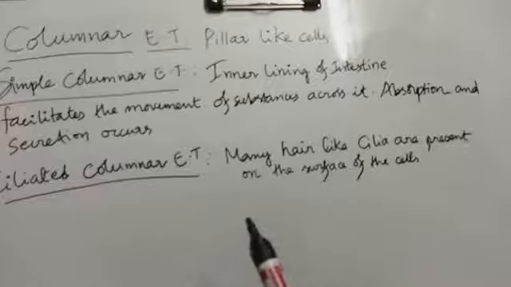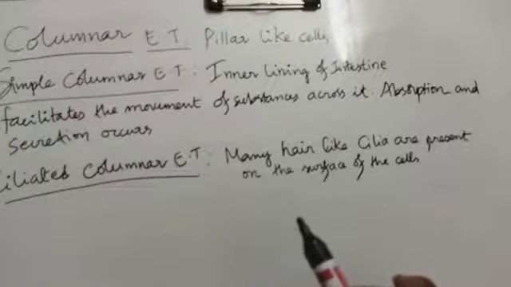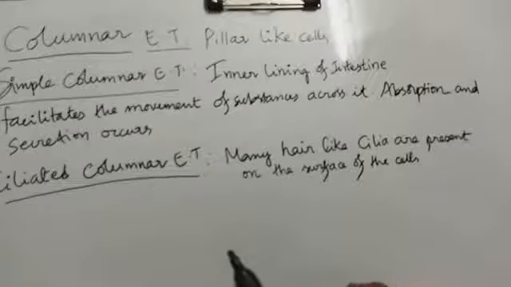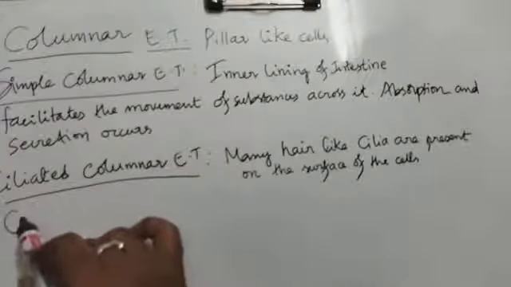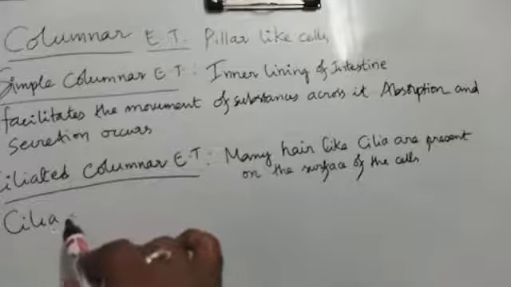These cilia can move, and because of their movement, the mucus can be pushed forward and it can be cleared. The respiratory tract contains the ciliated columnar epithelial tissue. The cilia can move.